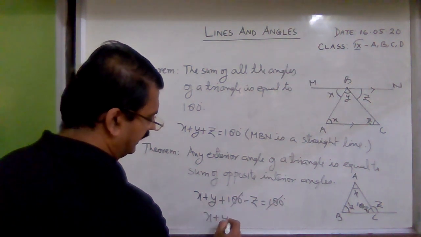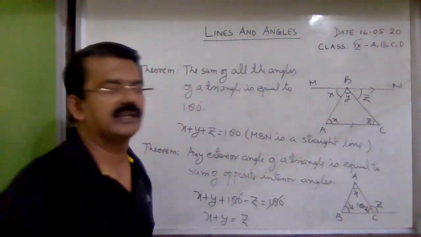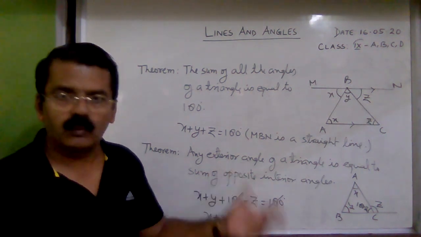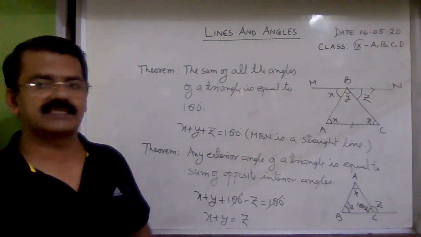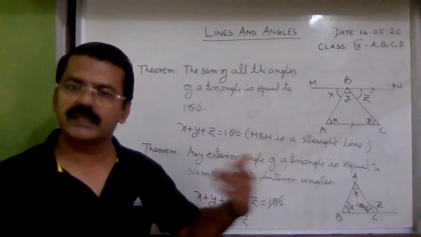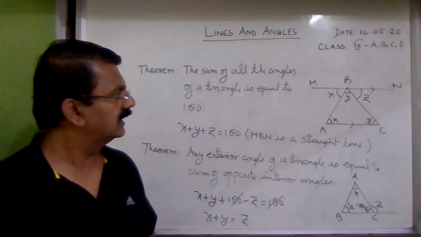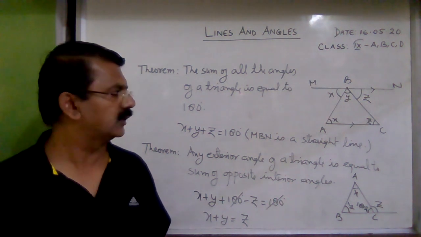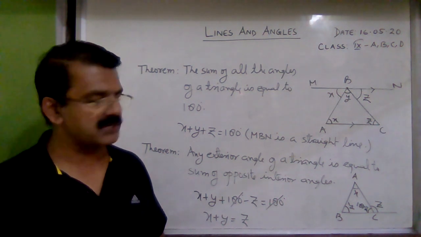So x plus y is equal to z, and that is what we wanted to prove, that the sum of any two interior angles of a triangle is always equal to the third exterior angle. Clear? So these are the two theorems based on triangles.